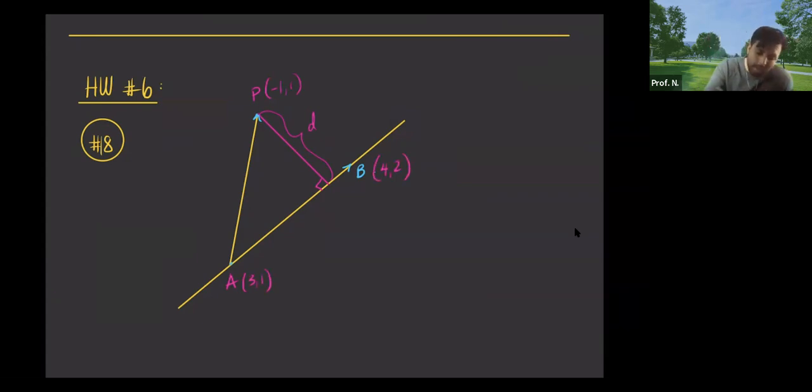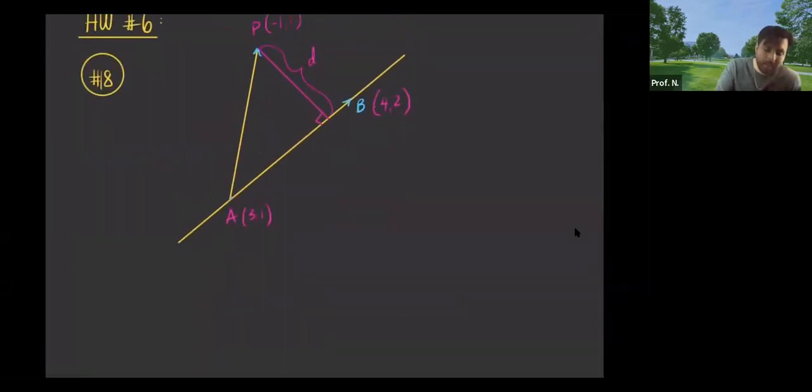So they want to find this. What is D? So remember, this is not too bad of a problem, but it's not that straightforward. It's not just a one or two step problem. There are several steps here. What you want to figure out first is the projection.